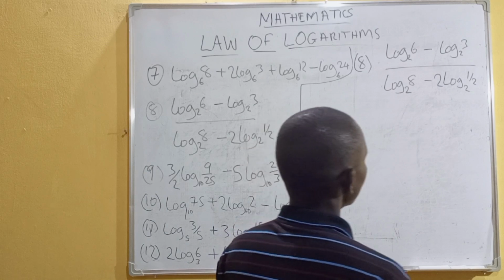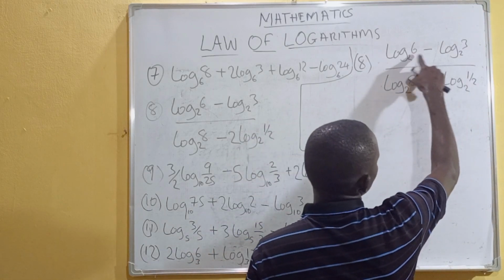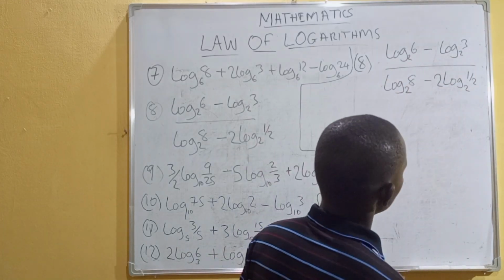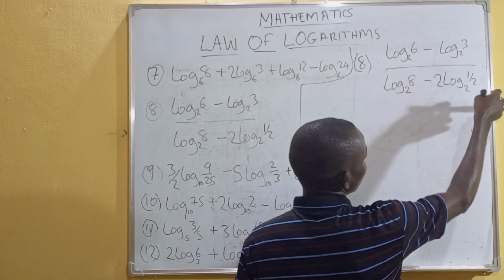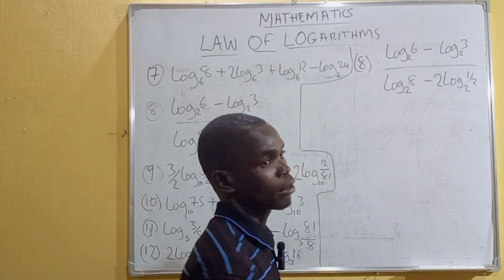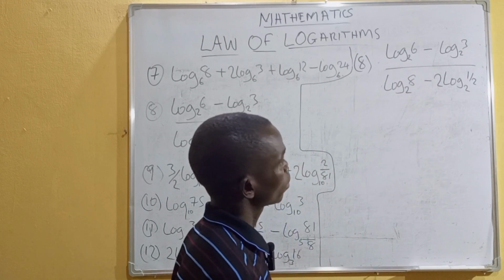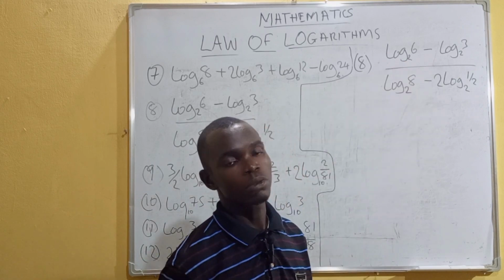If you look at this now, we have 8, we have 6, and 3, and 1 all over 2. From here now, we can just reverse this back and use the law of logarithm. But we can also simplify this. That will take too much time.